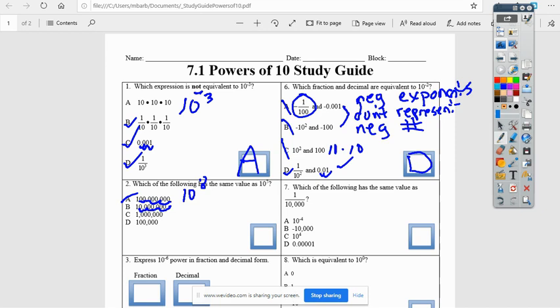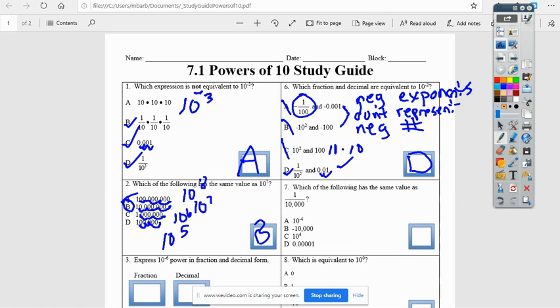So this would be 10 to the 7th, so it has to be B. We're going to keep working these out just to show you some examples. If you go here and you go over 3 and 3 more, that would be 10 to the 6th power. And D, 3, 4, 5, so it'd be 10 to the 5th power. So it is B.